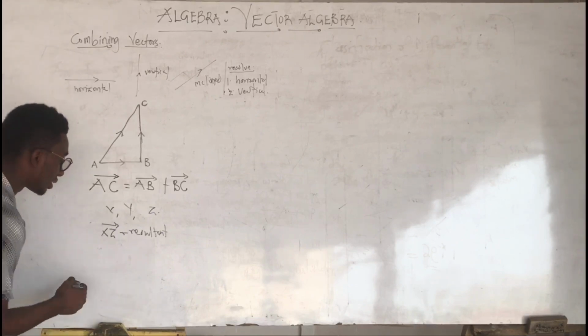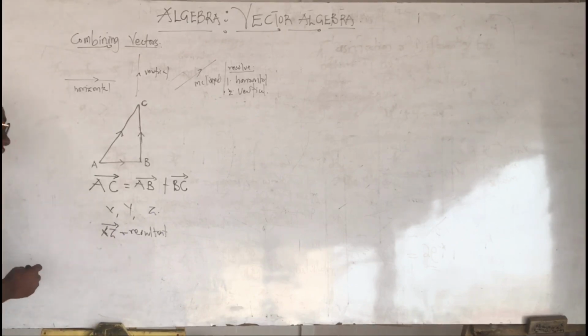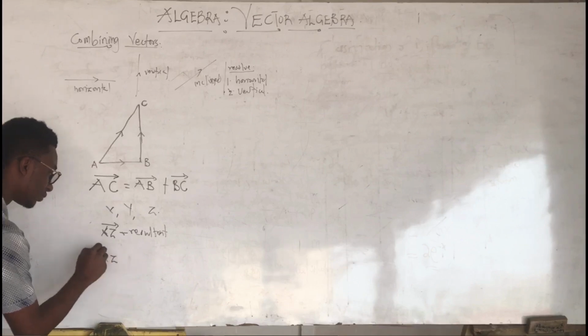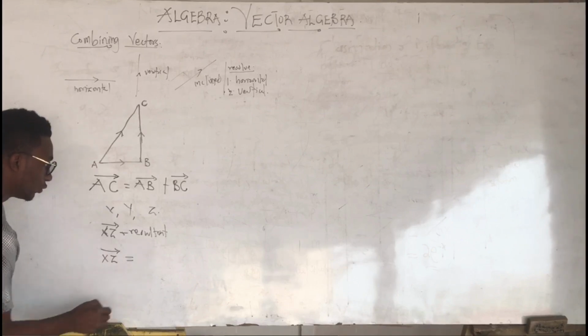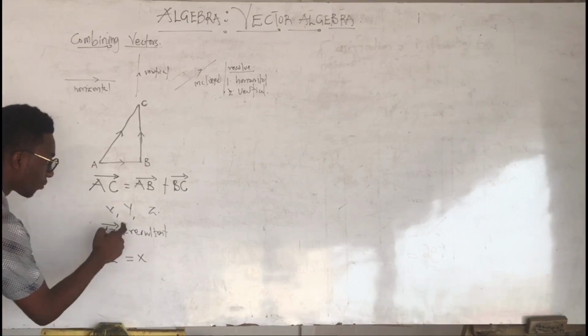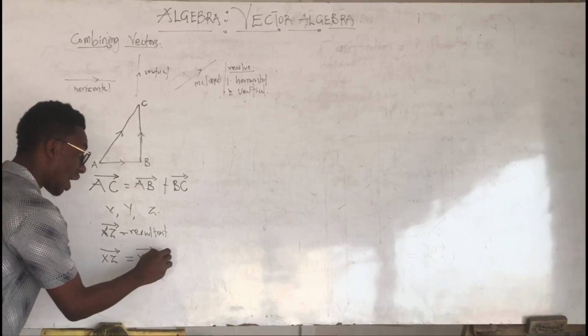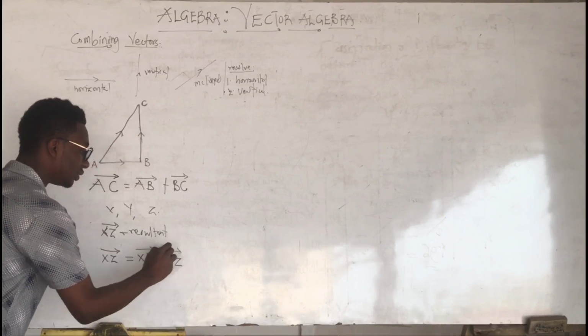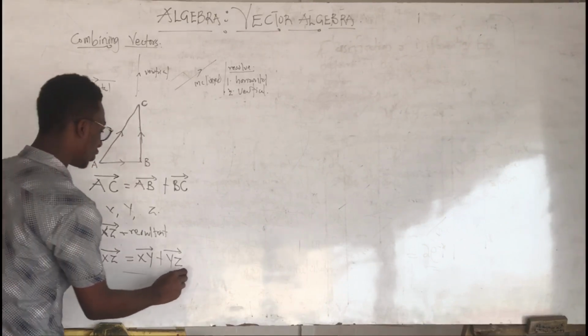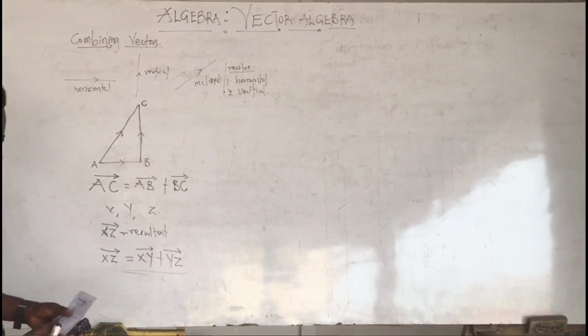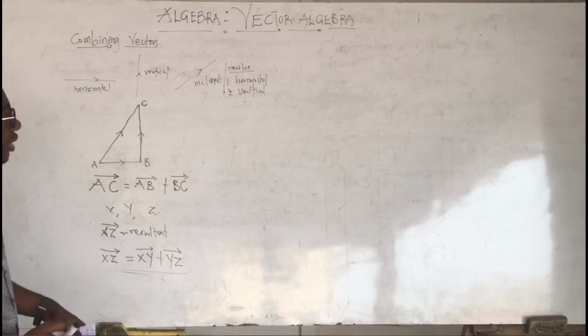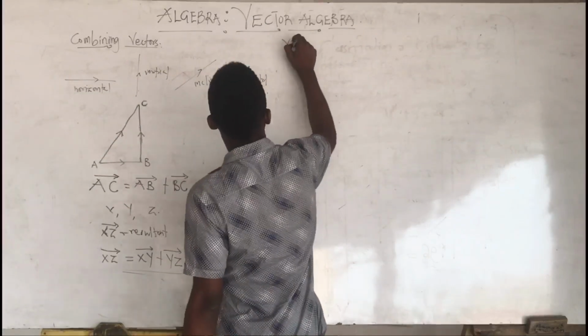You should simply understand that if they are combined, then XZ is therefore equal to XY, starting from X. XZ must go to Y first, plus Y going to Z. You should get the trick in doing that, and that is our combining vectors. Now let's look at vector addition.